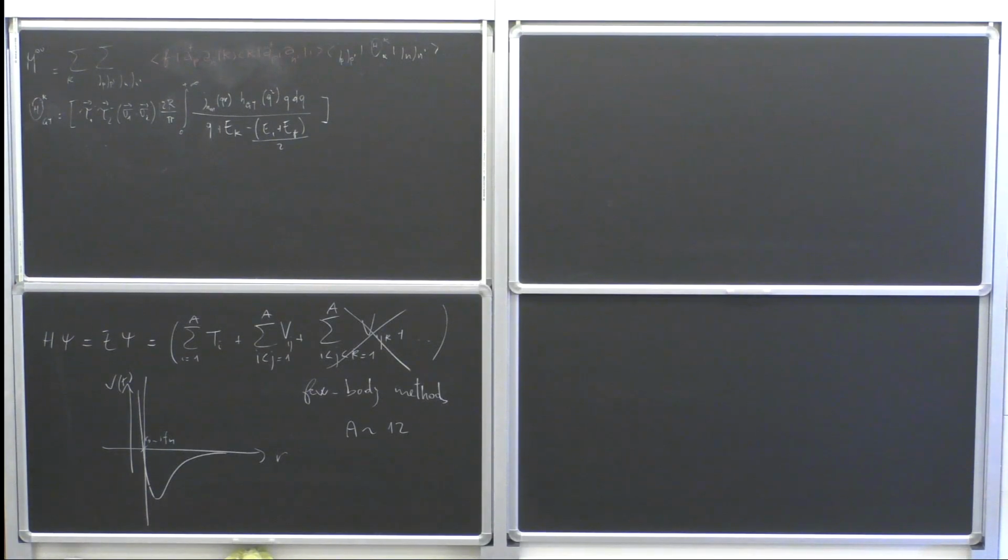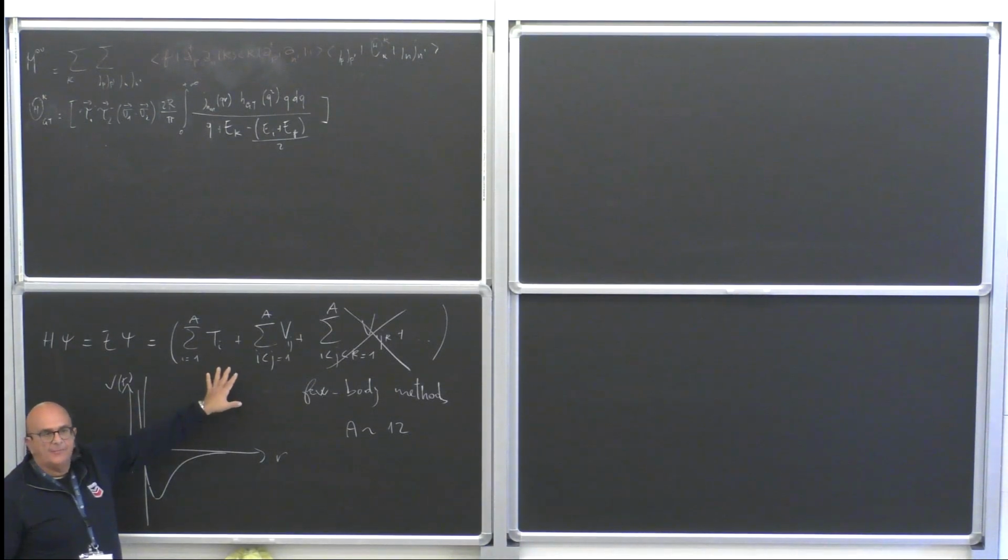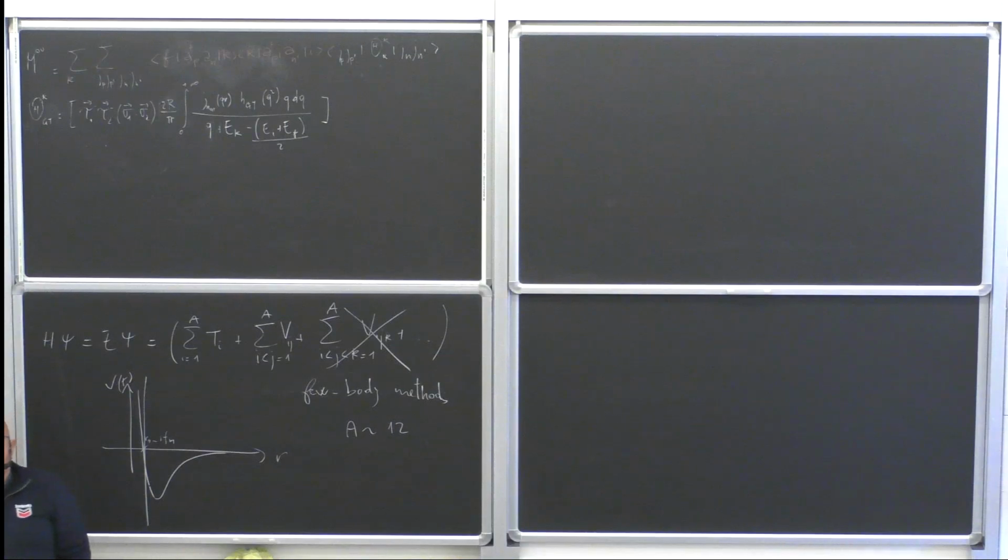Again, there is another problem, namely, as I said, the potential is an effective one. What does it mean from the theoretical point of view to have an effective Hamiltonian? It means that different two-body potentials can give you, in nuclear structure calculation, the same set of eigenvalues.